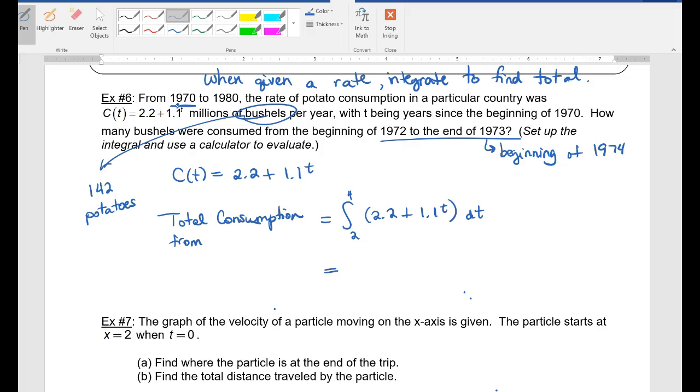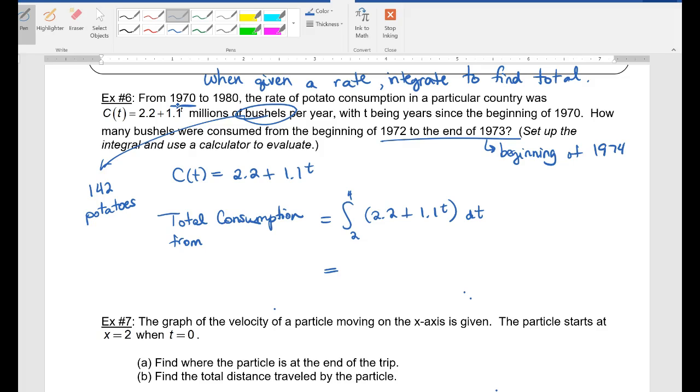So this is 1970, and here's 1972 to 1974. Is the area under the curve different from 1972 to 1974 versus from 1970 to 1972?